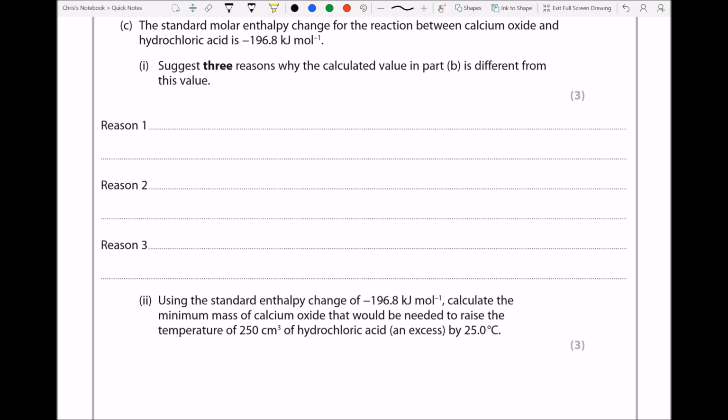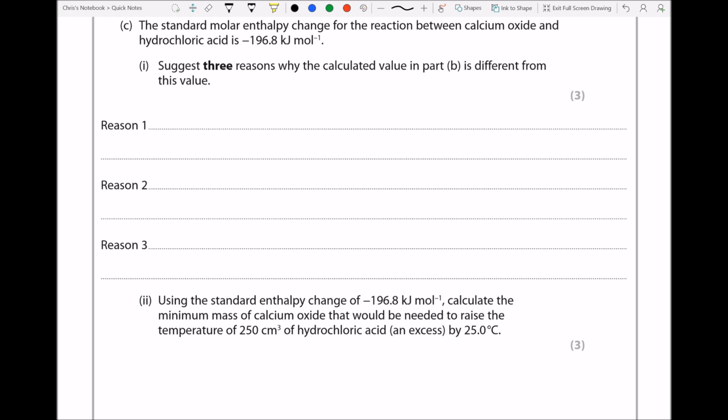The difference is mainly because we might have lost heat to the surroundings. Obviously that can have an impact on the calculated value that you get from your practical in comparison to the theoretical value, what you should get. Also, anything to do with things like inaccurate thermometer readings.